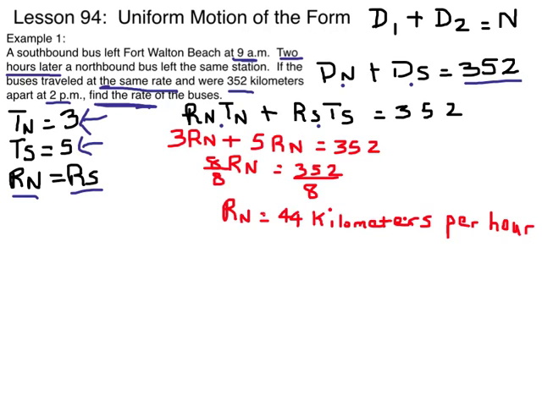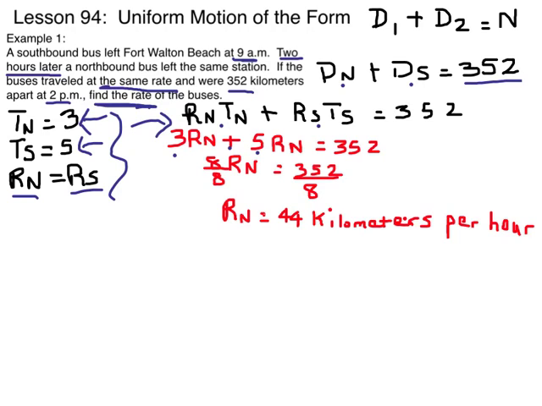All right, so we're going to plug in these things that we've pulled out into this equation, substitute them in. We know that 3 times Rn plus 5 times Rn is equal to 352.